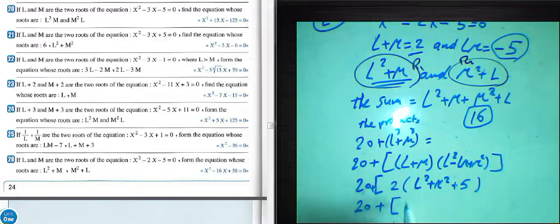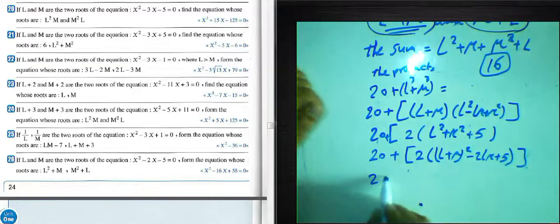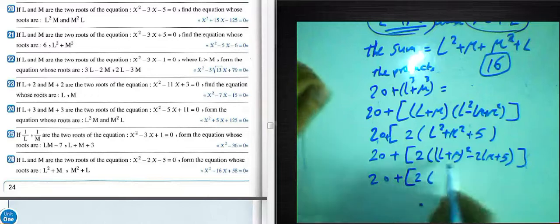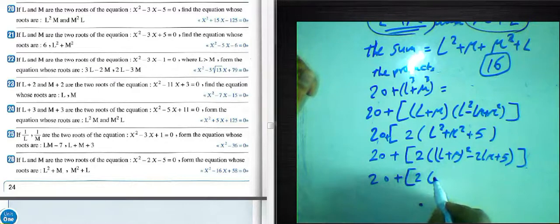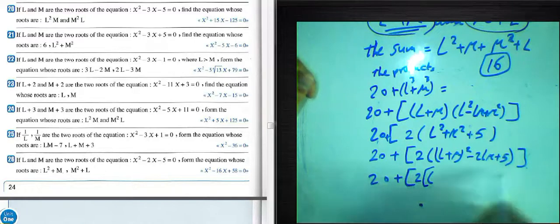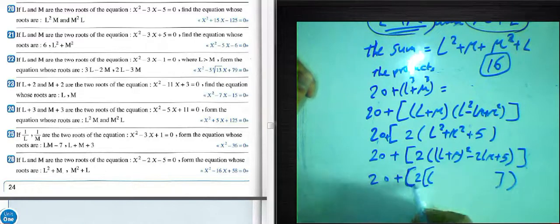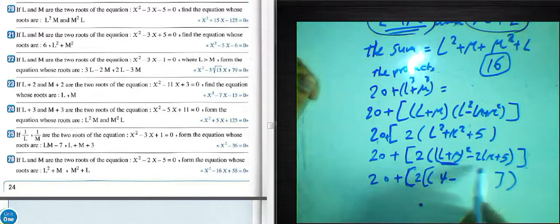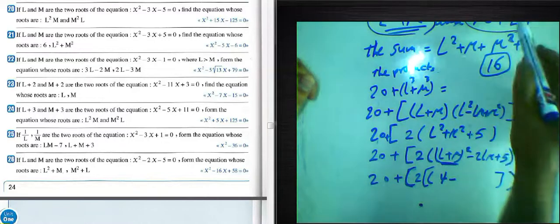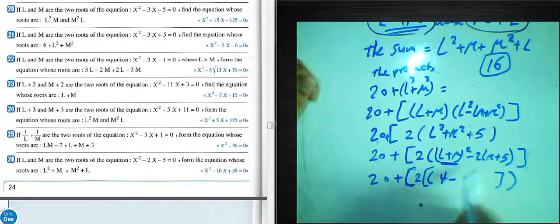It was 2, multiplied by the result of L plus M to power 2, subtract 2LM plus 5. Okay, 20 plus 2 times L plus M to power 2. We know L plus M equals 2, power 2 equals 4, and 2 LM, LM was negative 5, multiplied by negative 2 will be positive 10, plus 5.